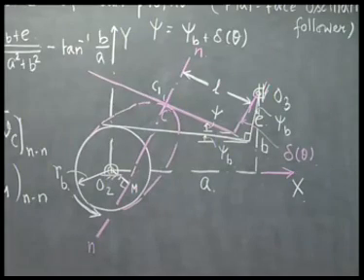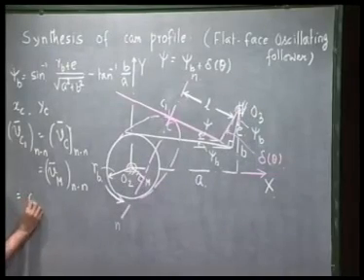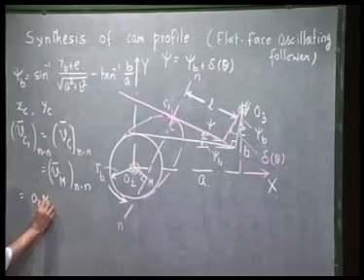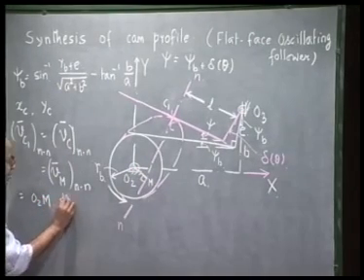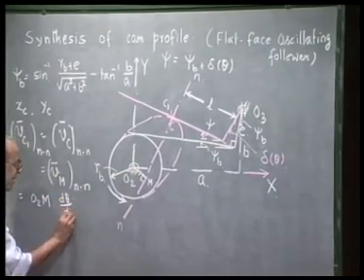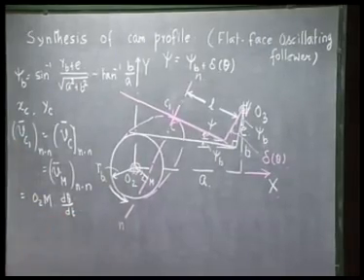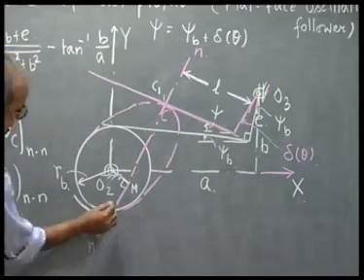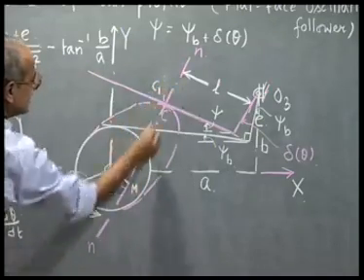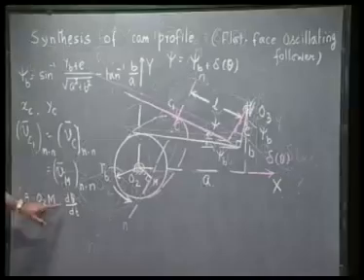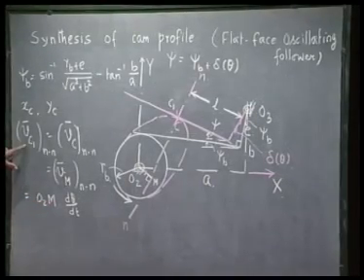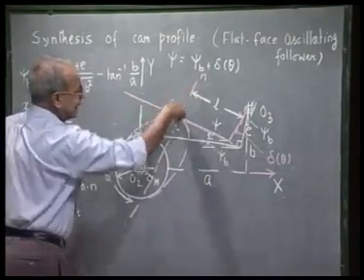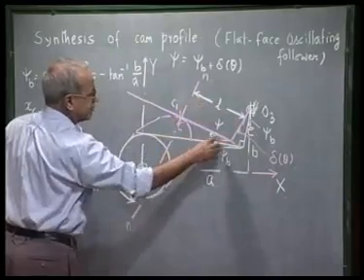So, this I can write as O2M into the angular velocity of the cam, d theta dt, and that velocity is in this direction. If d theta dt is counterclockwise, velocity of M is along NN and O2M into d theta dt. Now, velocity of C1 along NN is nothing but L times psi dot.